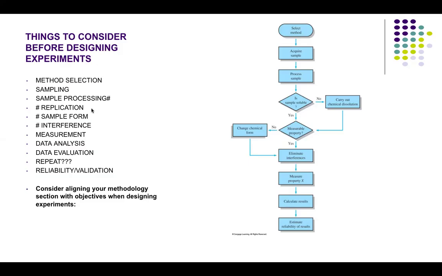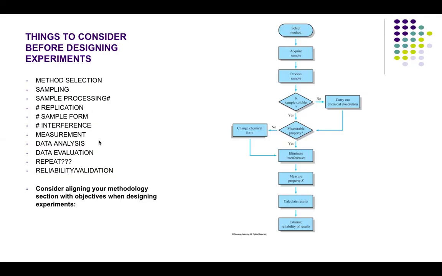So replication also is very important, because I will discuss error after this. Why? Because we cannot just believe a single measurement, a single analysis. So we need to replicate. You know already about this. Most of you know, but it's just a refresher that you need to know why we need to do replications.